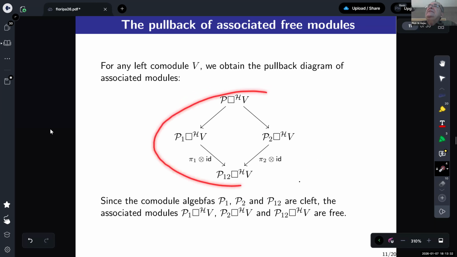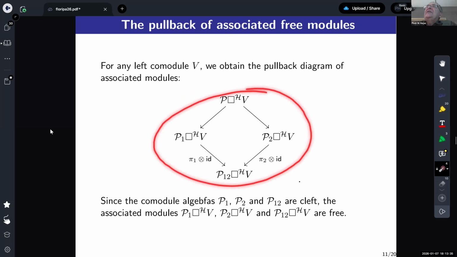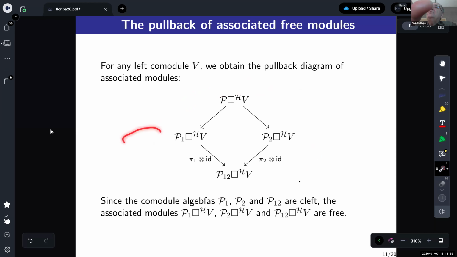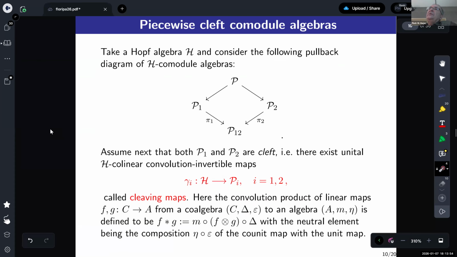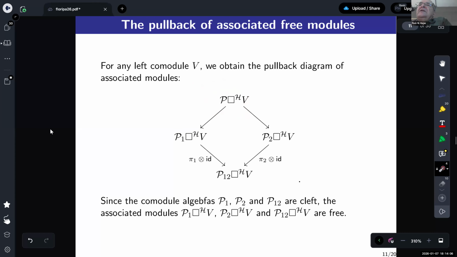Well, definitely I get a pullback in the category of vector spaces, and I'll have the same situation as before, because it will be a module of one coaction invariant subalgebra, another one, but at the end of the day, this will be the module over the pullback of these coaction invariant subalgebras. Because on one hand, this pullback induces the pullback of vector spaces, but also I can take coaction invariant subalgebras everywhere. It will again be a pullback of coaction invariant subalgebras. So we kind of land back in the Milnor setting.